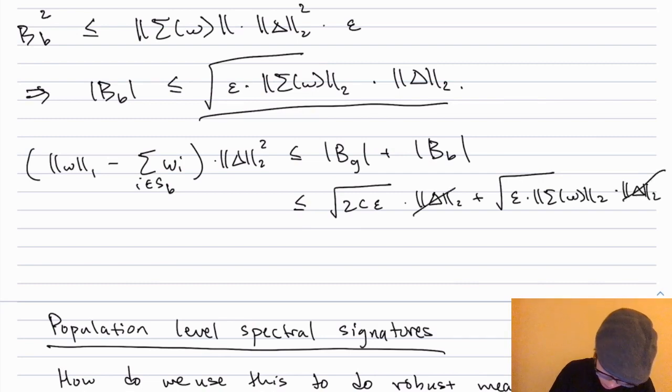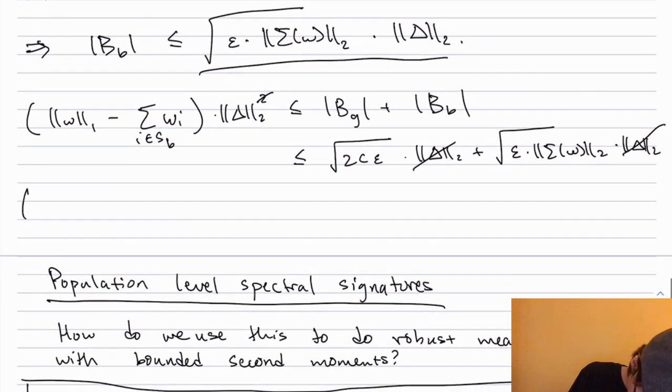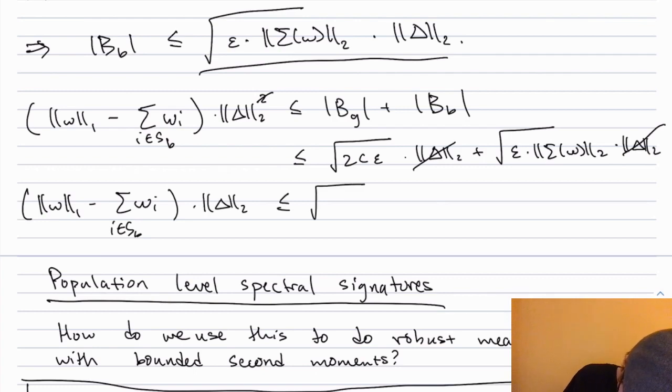And so these cancel with one of these terms. And now we're left with this, which is simply the L1 norm of W minus the sum of Wi for i in S bad, times L2 norm of delta, is at most 2C epsilon plus square root epsilon times the spectral norm of sigma of W.